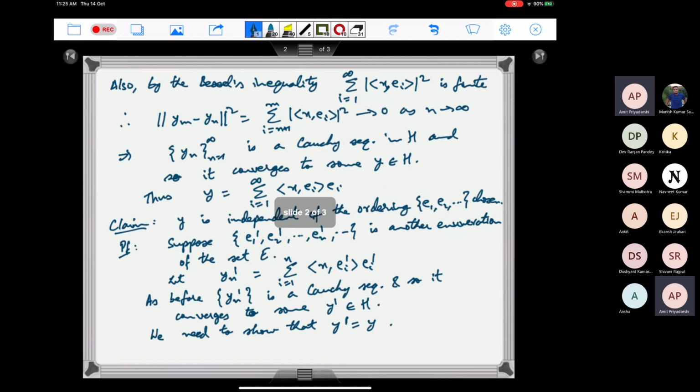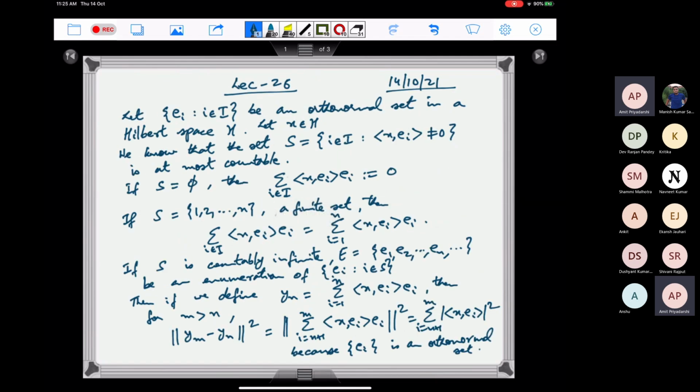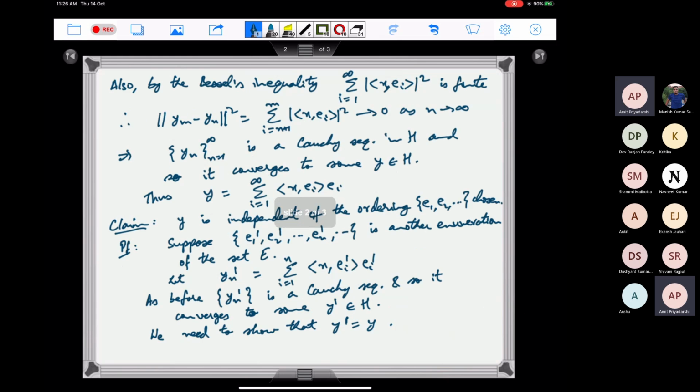So what we see from this is that if we take any ordering of this set e_i, i belonging to S, then this infinite sum is independent of that ordering.